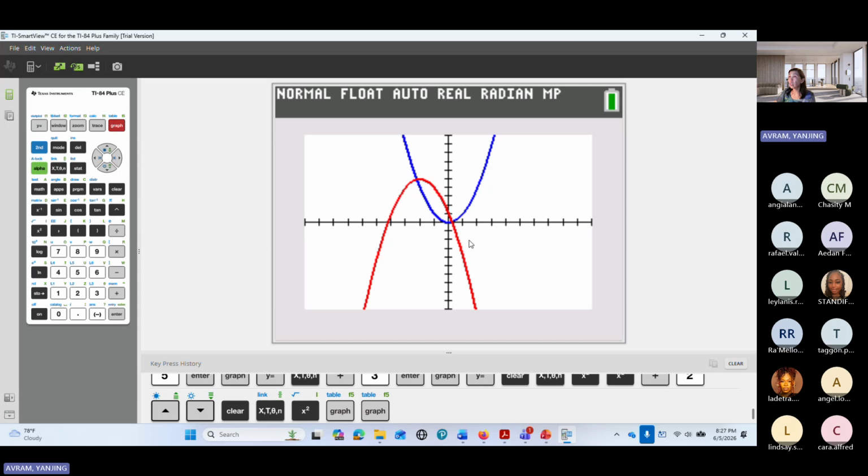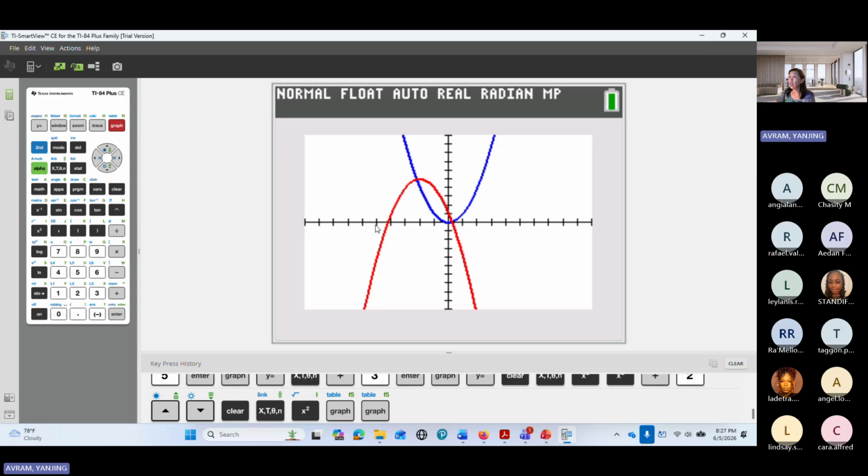Okay, so look at this one right here. My blue one, I actually only have one x-intercept because this vertex is on the origin in here. So the blue one only crosses the x-axis once, okay? But the red one, you cross the x-axis twice, all right?